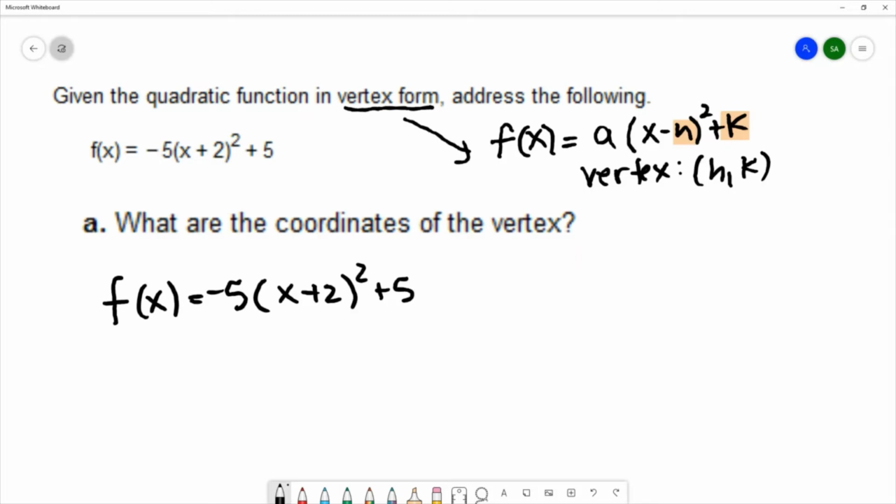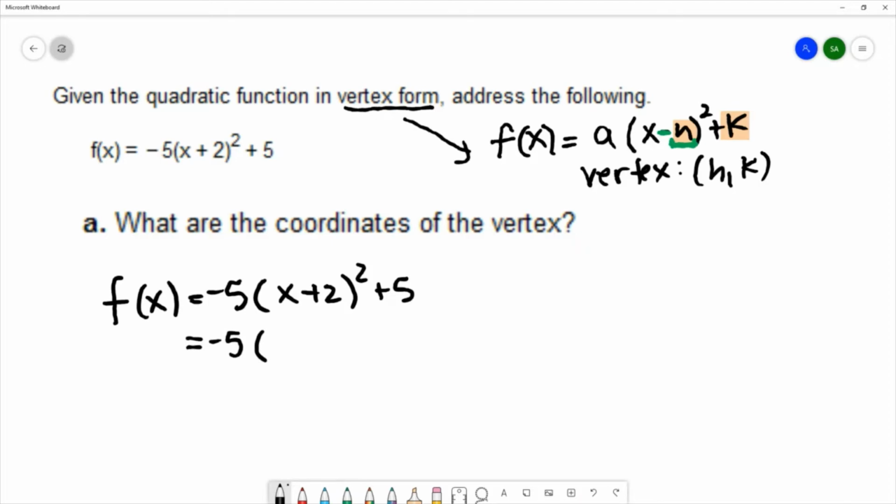If we look at the vertex form, the h, which is the x coordinate of the vertex, follows the minus sign in that formula. Here's the minus sign in that formula, and our value of h, the x coordinate, follows that minus sign. In the example we have a plus sign. I'm going to rewrite this.